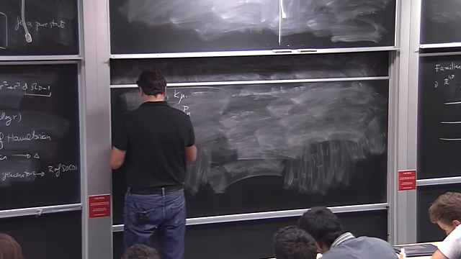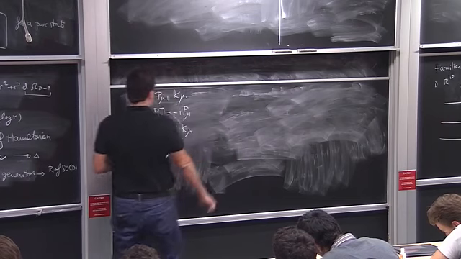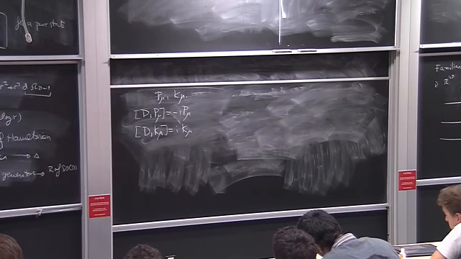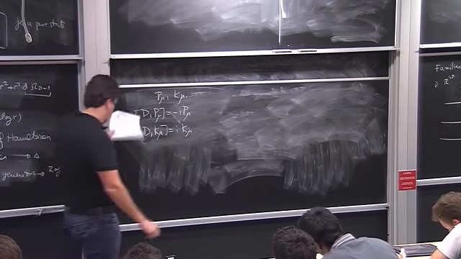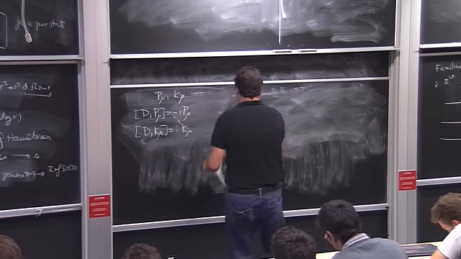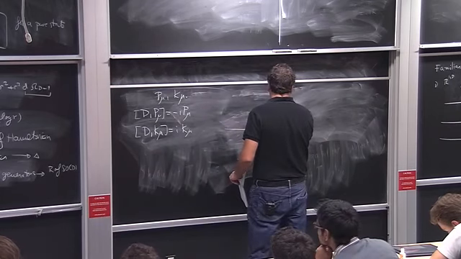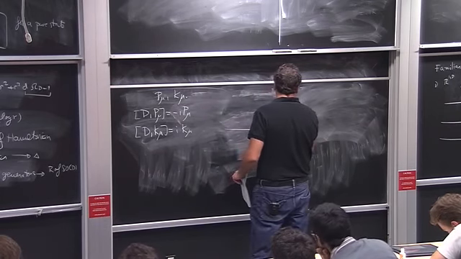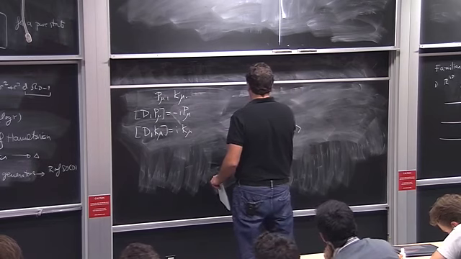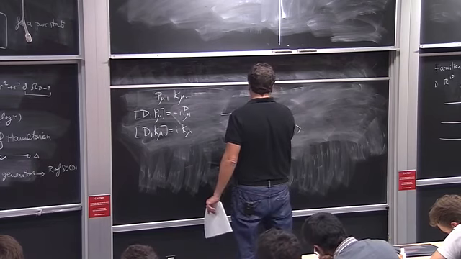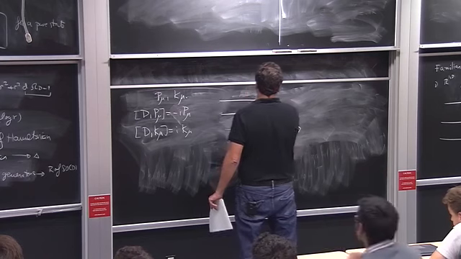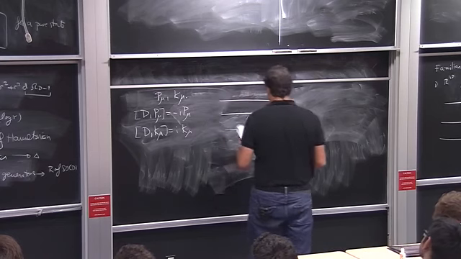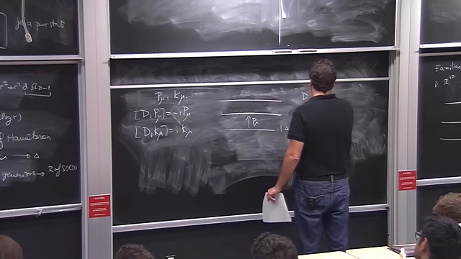The whole point here was just to notice that one acted as a raising operator, the other one acted as a lowering operator with respect to the energy. So if I start with the state delta A, now I can start acting on this state with P mu's.